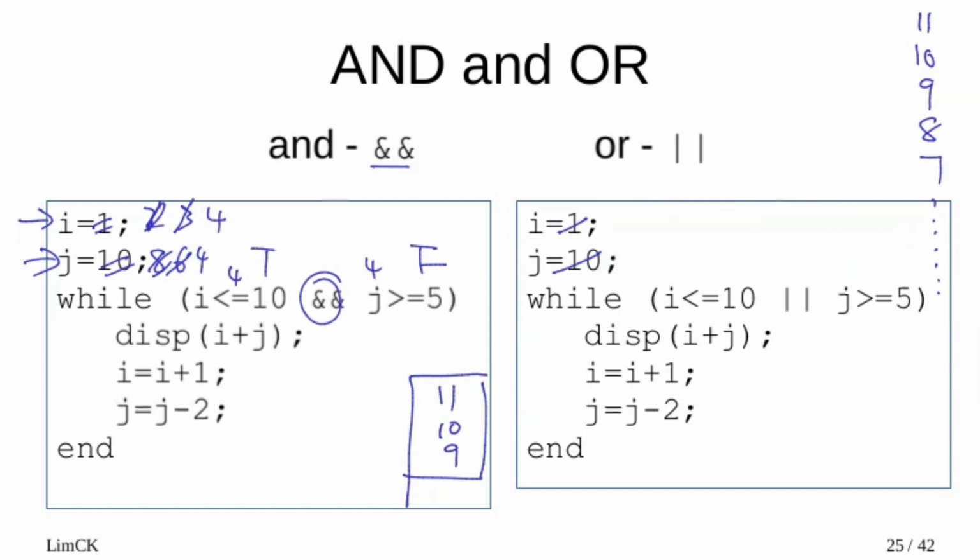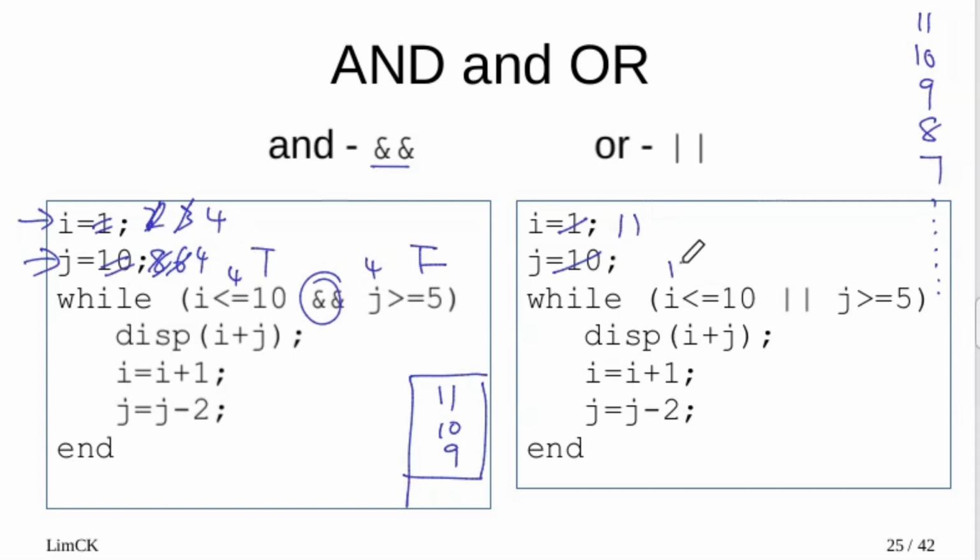You can continue to execute the while loop until this one becomes 11, because you see that i equals i plus 1, i will keep on increasing by 1, right? i will become 11.